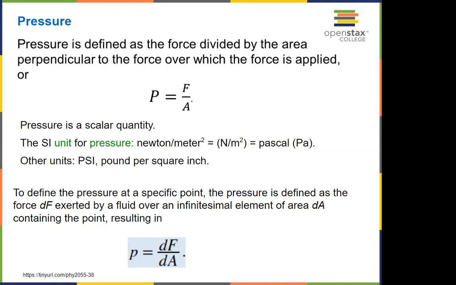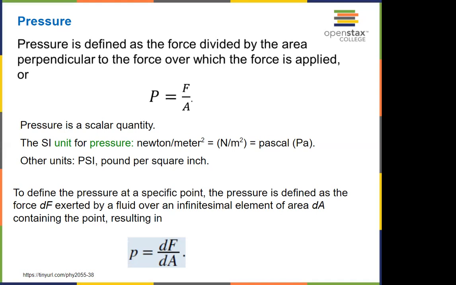I think there's a table in the next slide, but before going to the next slide, let me refer to this again. Pressure will often change at different locations, so we should also refer to the local pressure, defined as the derivative of F divided by dA.